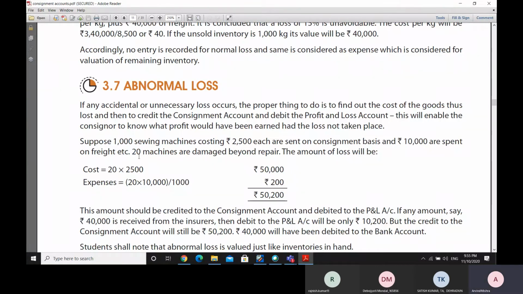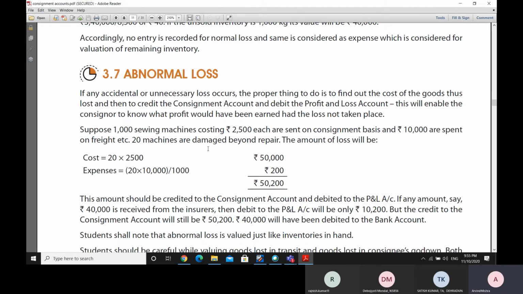After that, we find that 20 machines were damaged beyond repair. Damage means an abnormal loss has happened due to some accident or something. So the 20 machines, each costing 2,500 rupees, mean the cost of the damaged machines is 50,000 rupees.